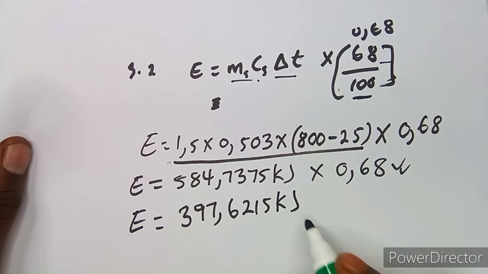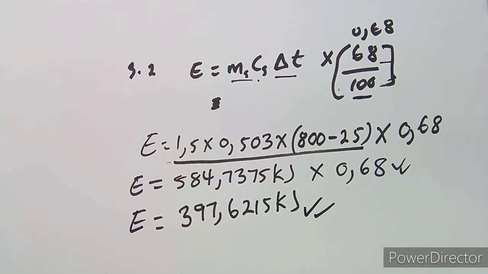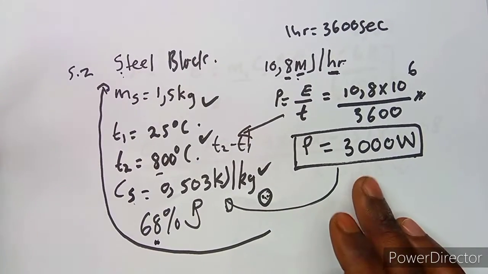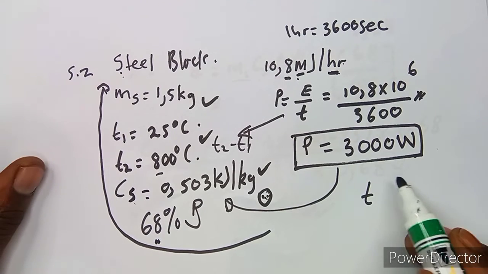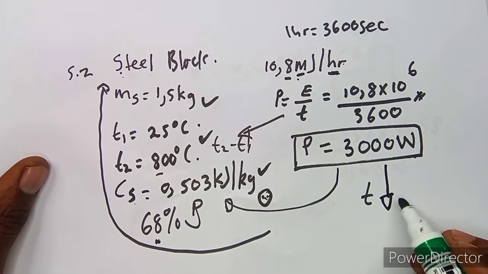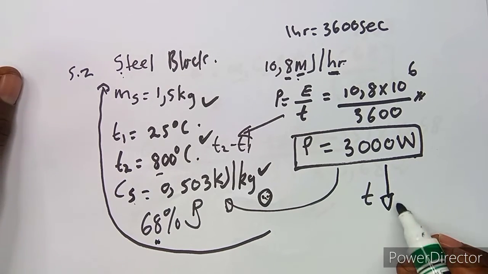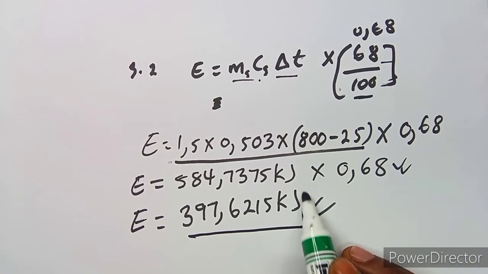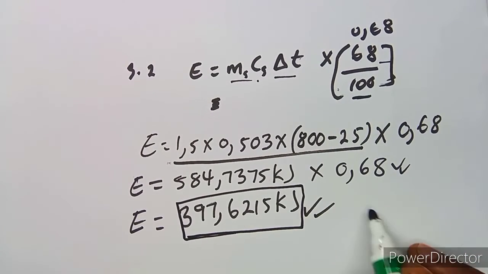Why are we calculating the energy? Someone is actually asking, why are we calculating the energy? Remember, we want to calculate the time. And I gave you here that the power that is used is 3000 watts. So if we are using a power of 3000 watts and the energy for that power is this one, what is going to be the time that is taken?